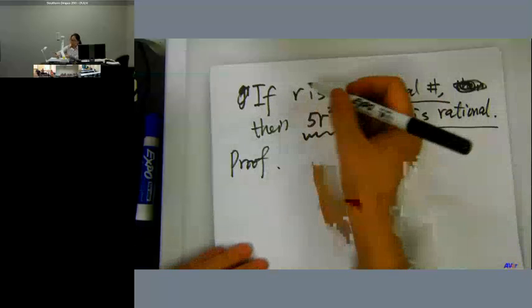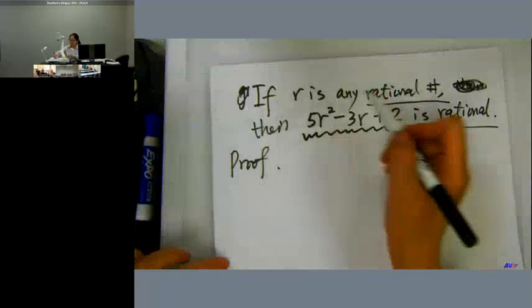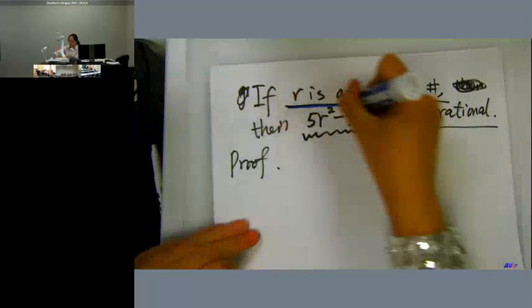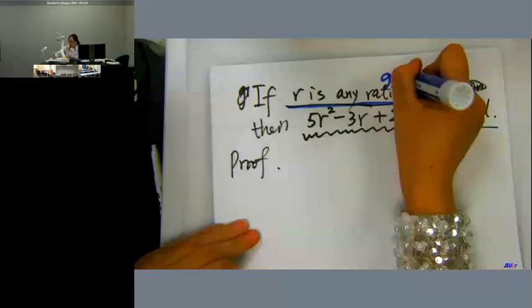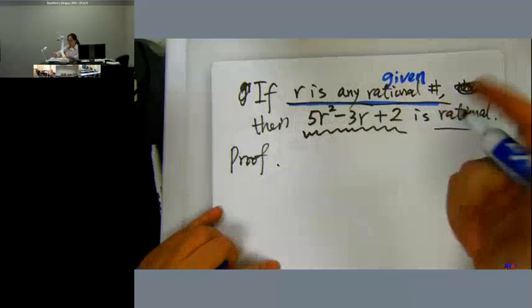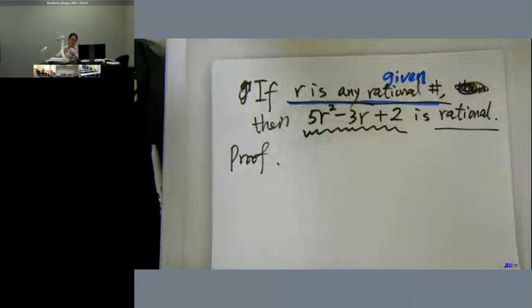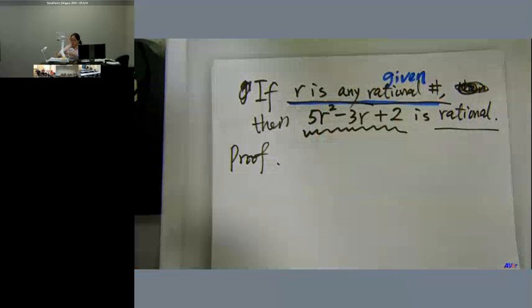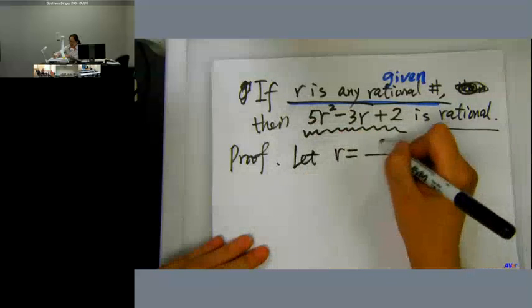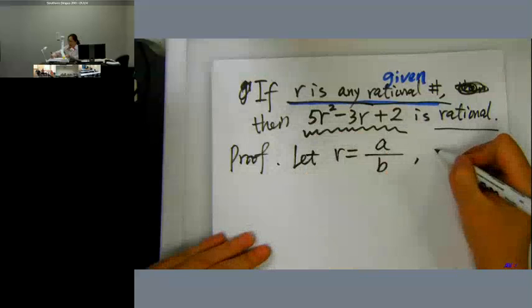What we start with, because this is a conditional statement, is the hypothesis. This is like the given. Under this condition, if we know R is a rational number, we can prove 5R squared minus 3R plus 2 is rational. We're going to start with a rational number R. So let R be equal to A over B, where A and B are both integers.